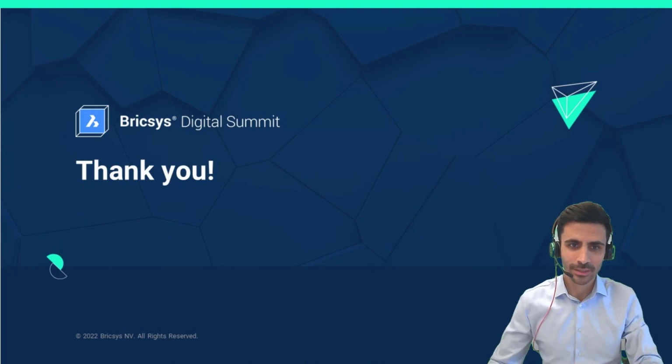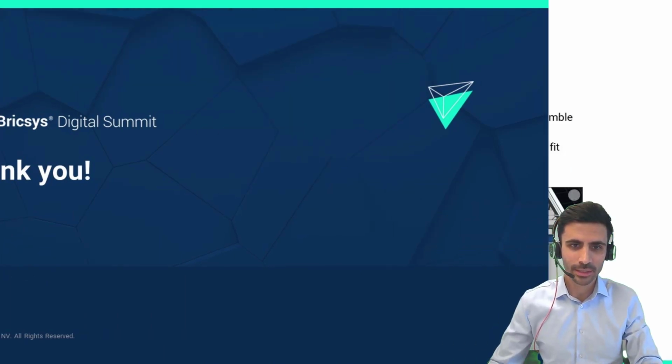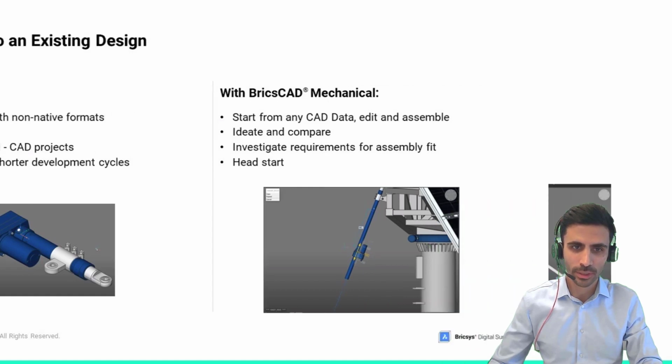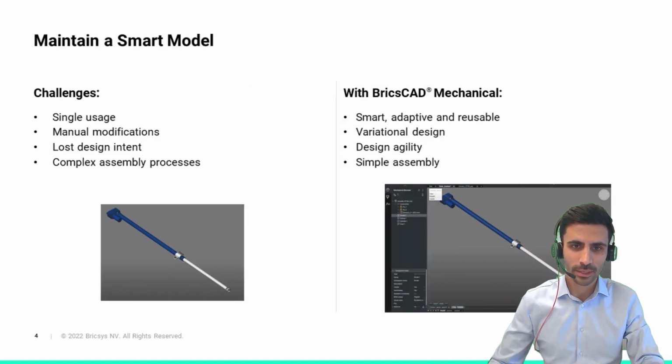Our today's session comes to an end here. In this session, we had a glance at how BricsCAD helps you to start with any CAD data you want to give you the head start over your competition. You can optimize your design, smarten, and repurpose any models with the power of variational modeling. By using simple-to-use assembly commands, you can assemble and animate your products for kinematic review in record time.